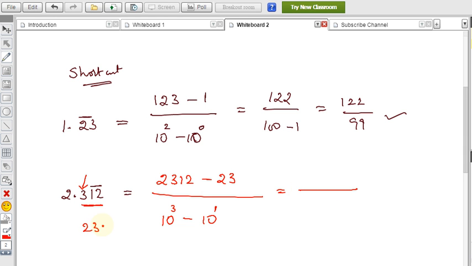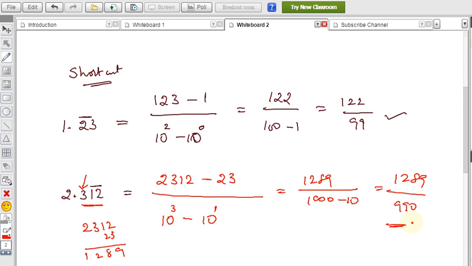So 2312 minus 23 is 2289, by 10 power 3 which is 1000, minus 10. So 2289 by 990. This is the value.